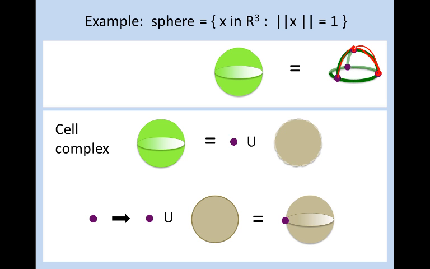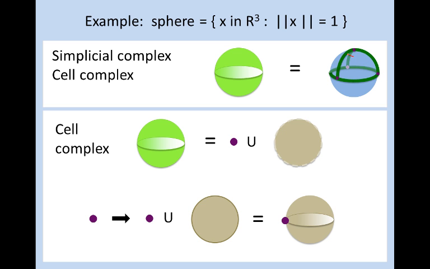So I can add these 6 1 cells to create now a 1-dimensional cell complex. And we can then add 2 cells to go ahead and finish off creating our cell complex of the sphere. So a simplicial complex is also a cell complex, but a cell complex need not be a simplicial complex.